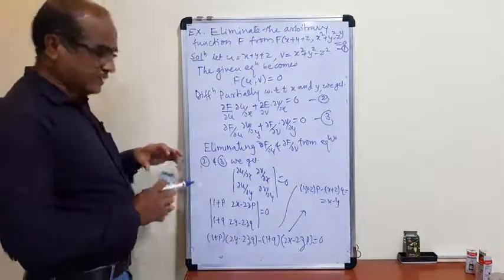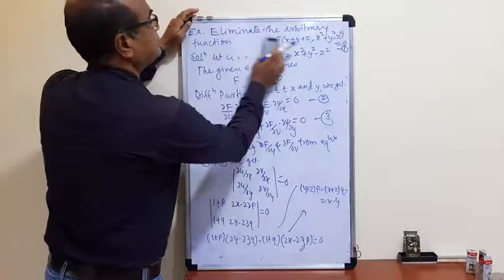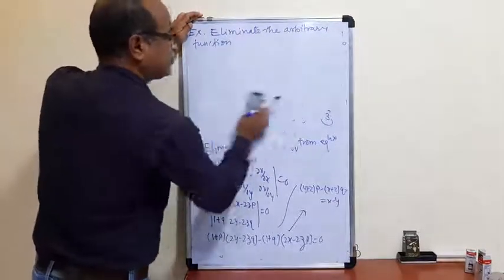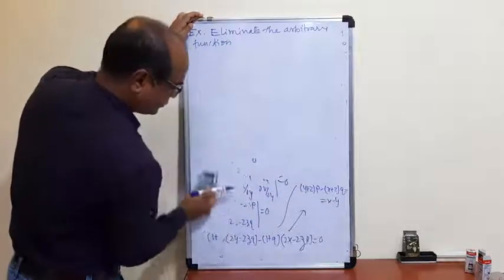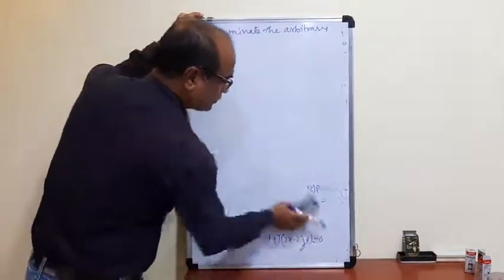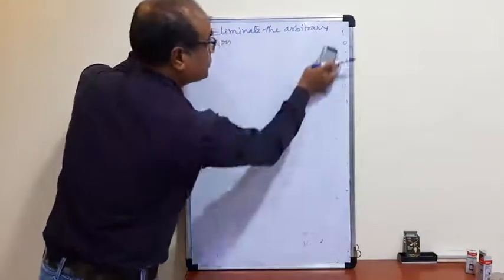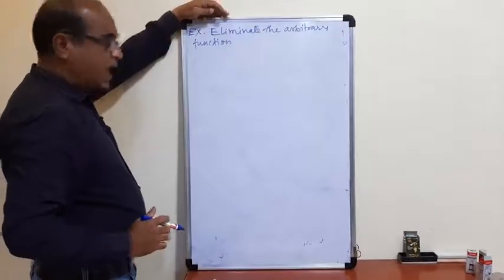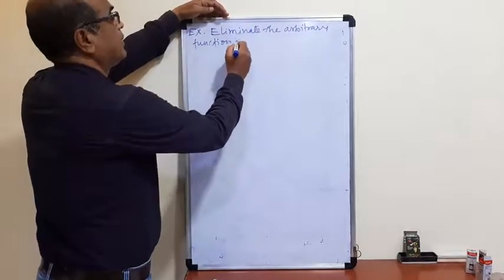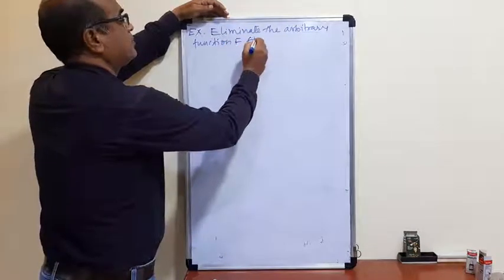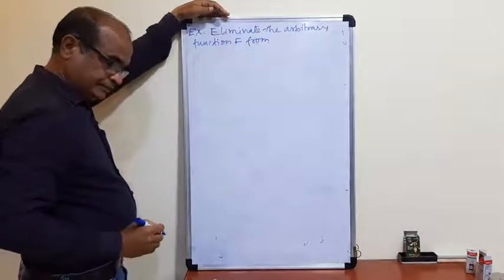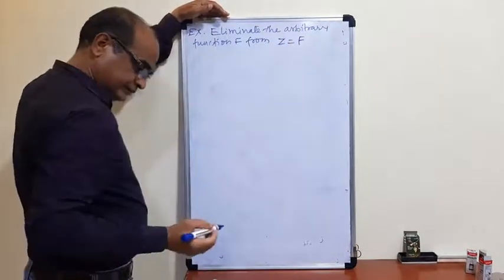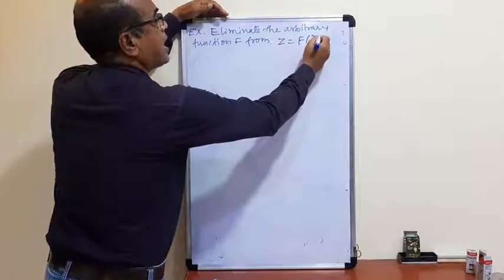So we take another example. Eliminate the arbitrary function f. Example 2: z is equal to f of xy upon z.